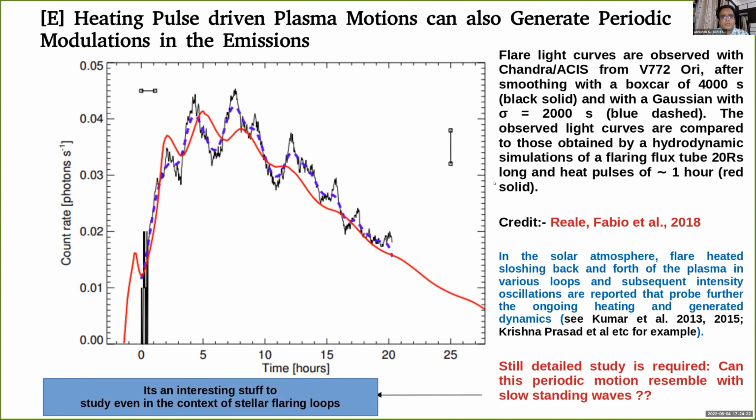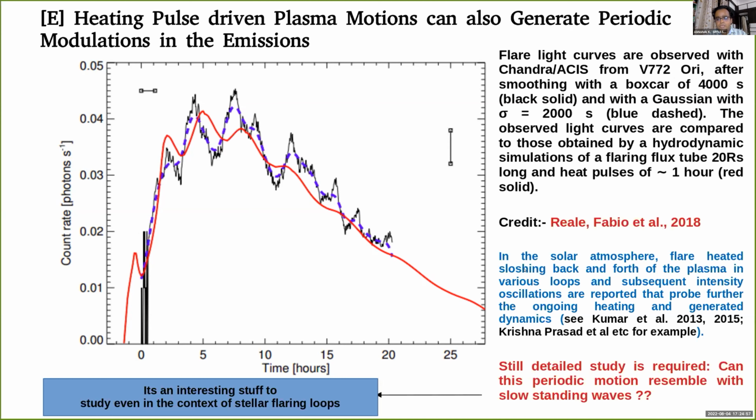Okay. So apart from the wave, there are some other scenarios also. Fabio Reale in 2018 simulated the sloshing back and forth plasma motion in the stellar loop, and he matched this with the observed periodic modulation of the emissions by using Chandra ACIS observations from V772 Ori.